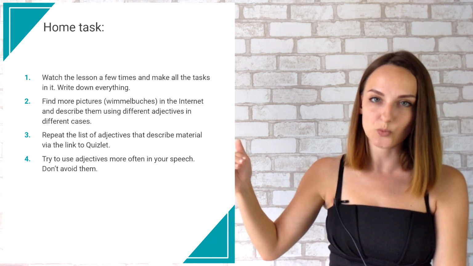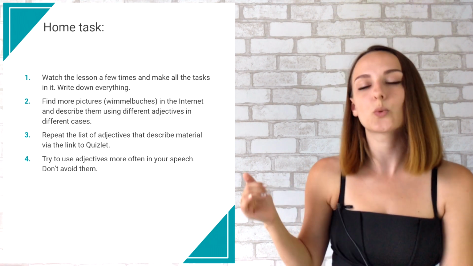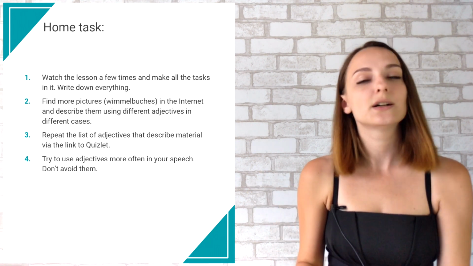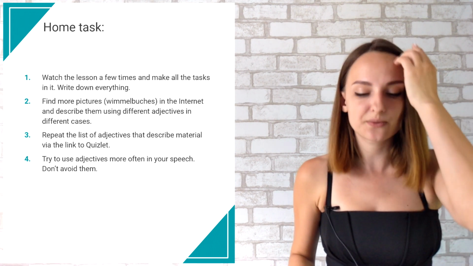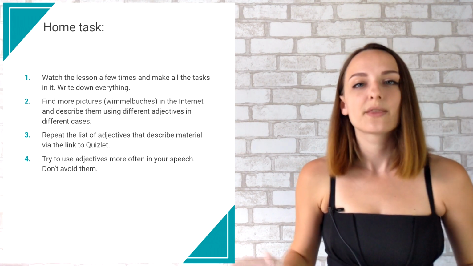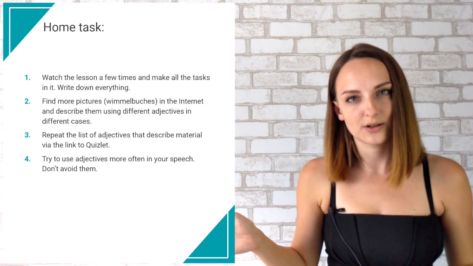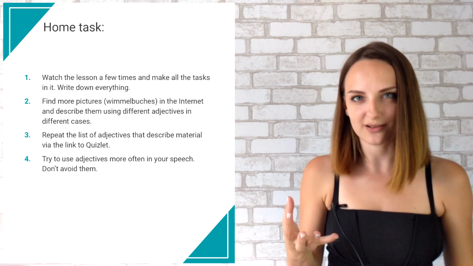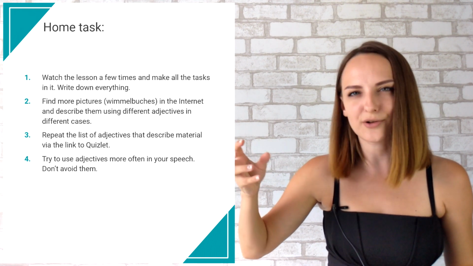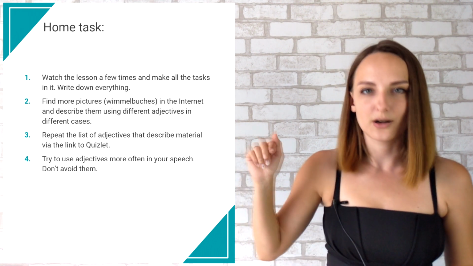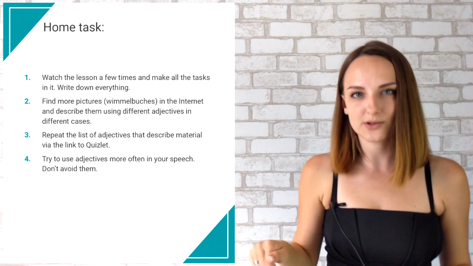If you need to, watch this lesson once again very attentively, do all the tasks once again, write them down, then say them out loud. It will be very, very useful. Then, if you do not know those adjectives about materials, wood and glass, silicone, acrylic, and so on, the link to Quizlet is under this video.